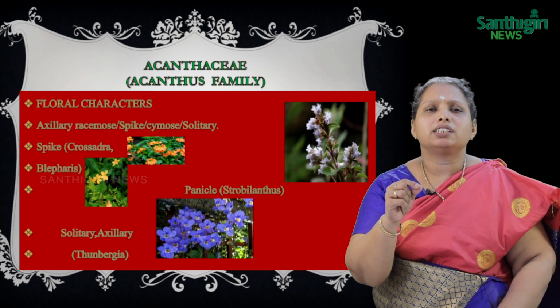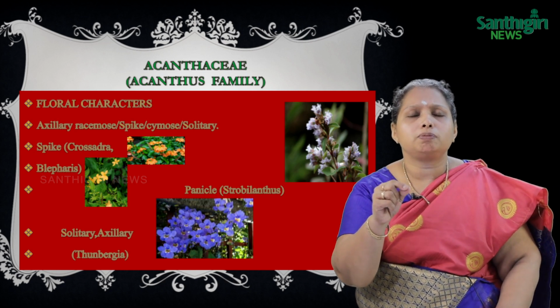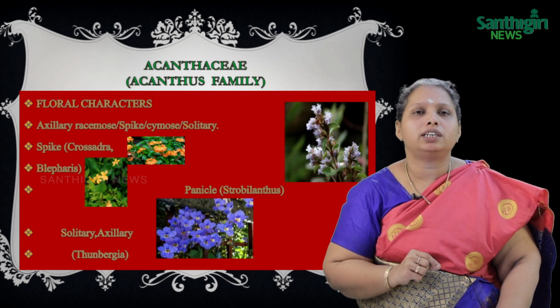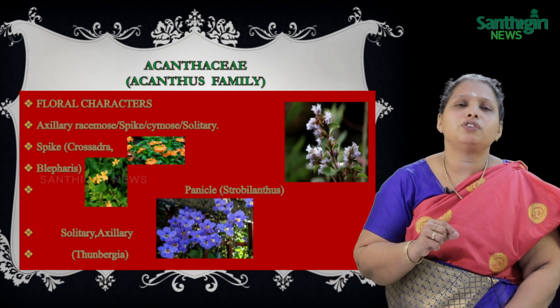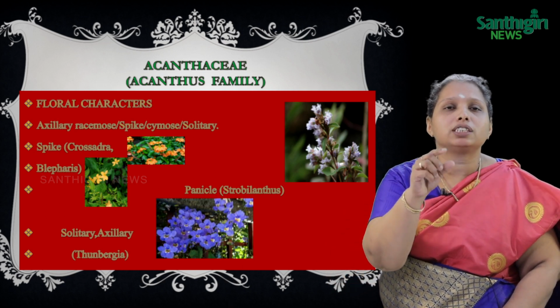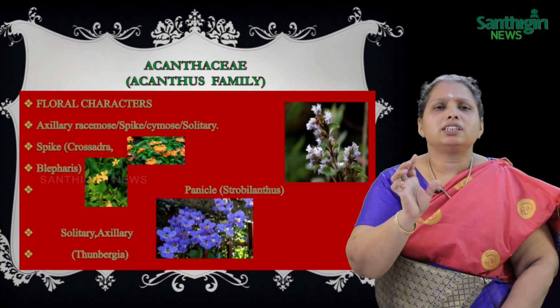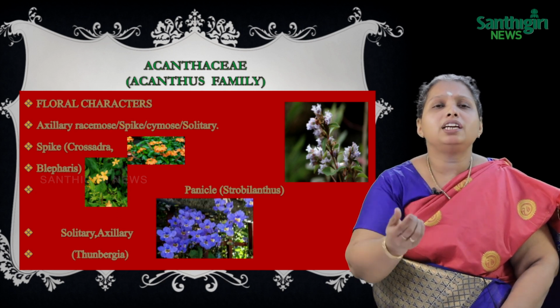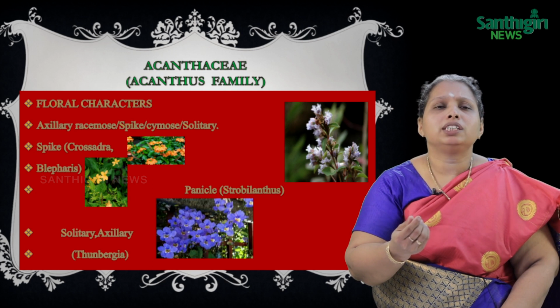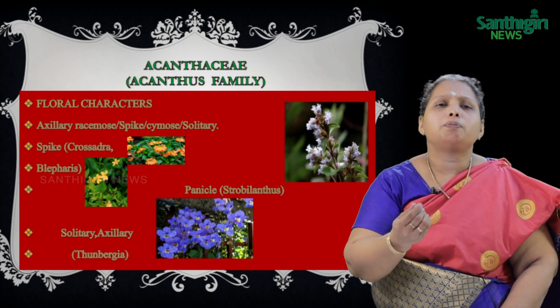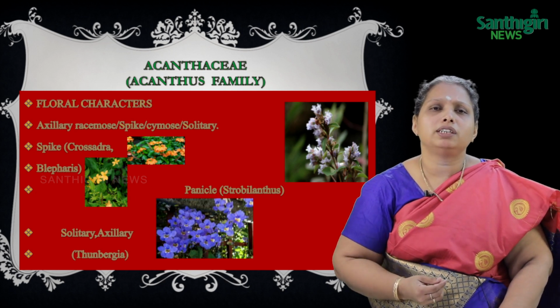That is a favorite flower for girls, Crossandra infundibuliformis. Spike inflorescence is present. Then next is panicle inflorescence. As you know, in Neelakurinji, Strobilanthes kunthianus, panicle inflorescence is found.